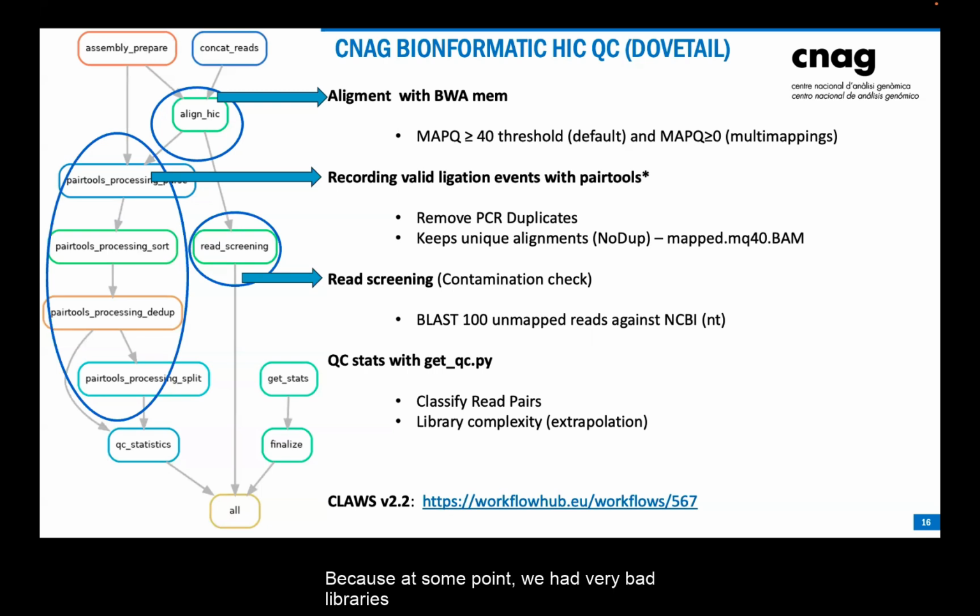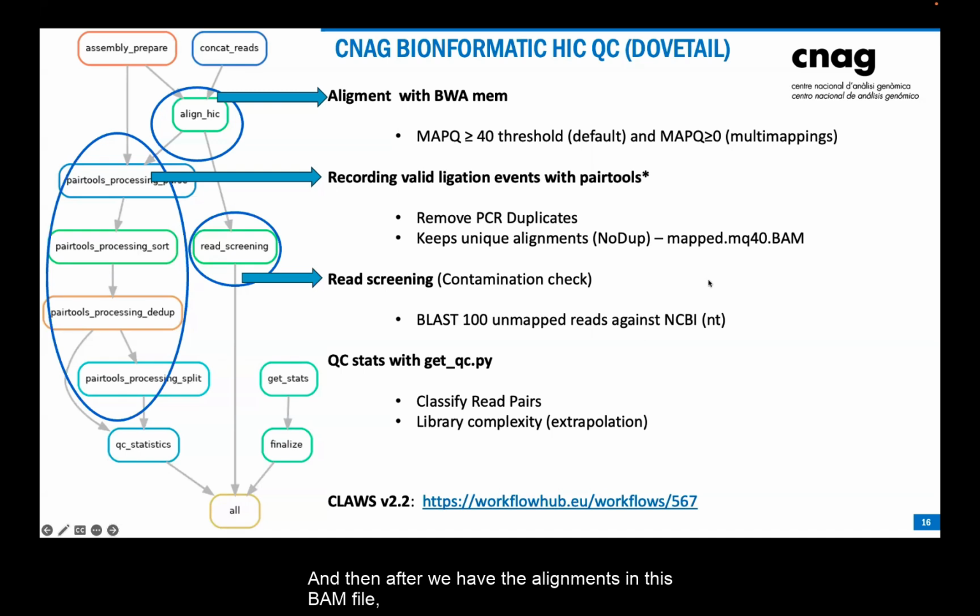Because at some point we had very bad libraries with sponges and stuff like that, and we had a lot of mapped reads, and we didn't know if the reason we had that many mapped reads was because we had a contaminant competing with our reads, and we couldn't map to the reference for some other reason, like there's not enough amount of cells in the lysate or something. So that's why we regularly do this as a complement.